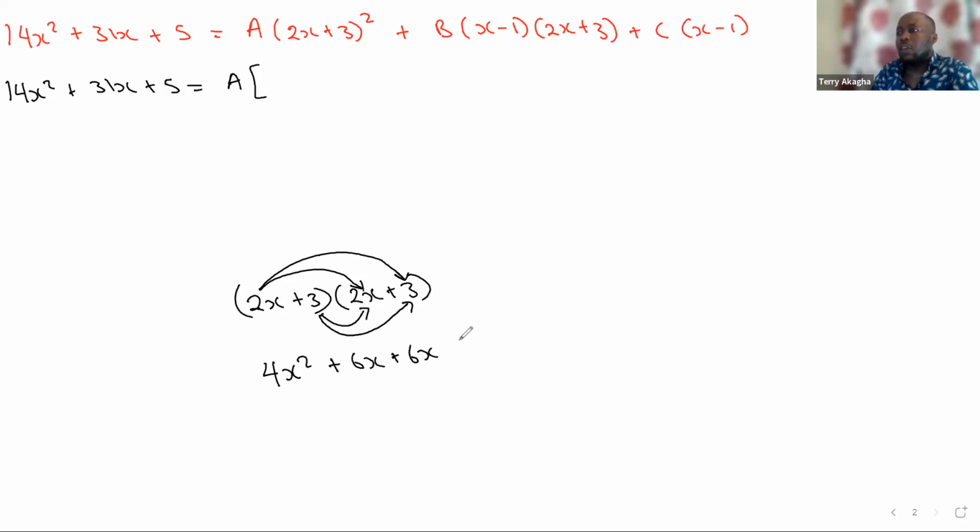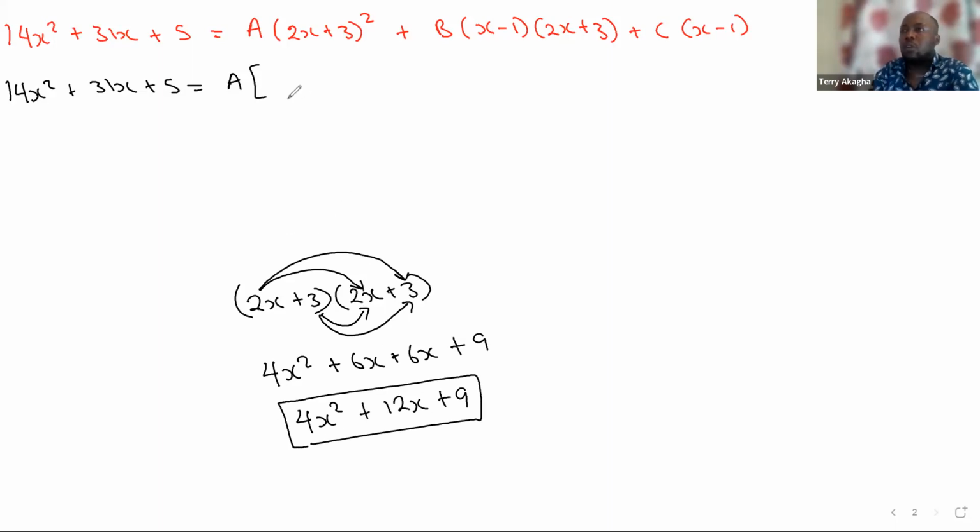And 3 times 3 is going to give you 9. If you don't know how to expand brackets, I've talked about this with binomial expansion of brackets, so you can go back and have a look at it. So that means this is going to give me 4x squared plus 12x plus 9.